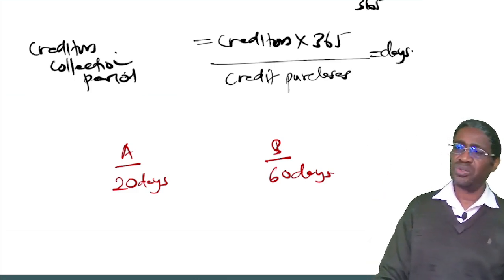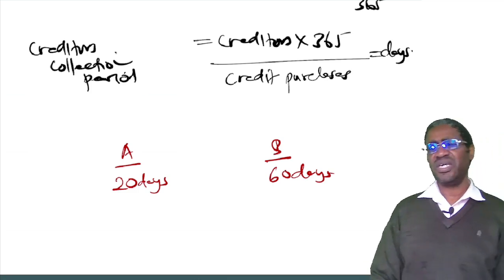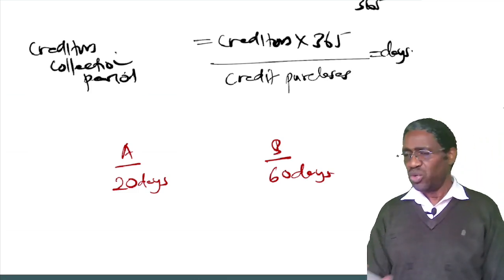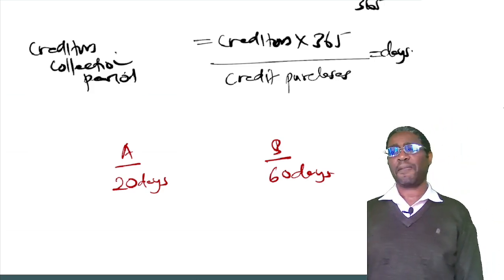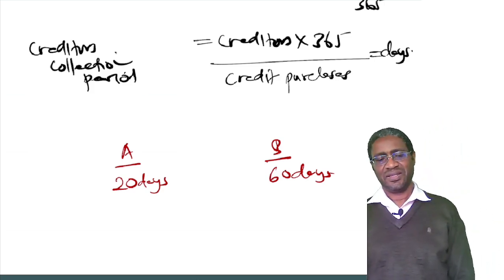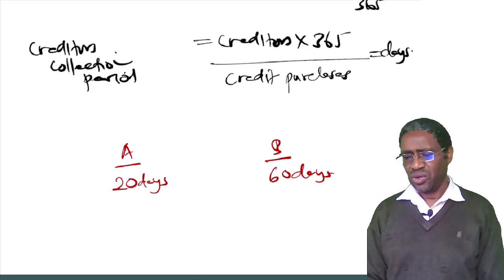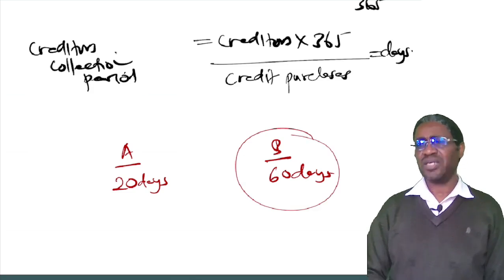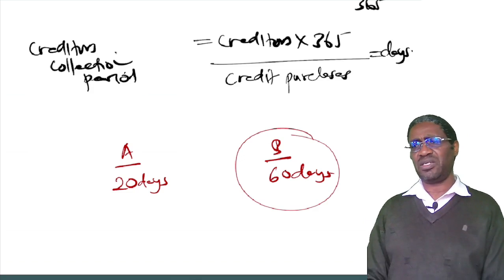B gives 60 days to pay them. Obviously, you will buy goods from which company? B.